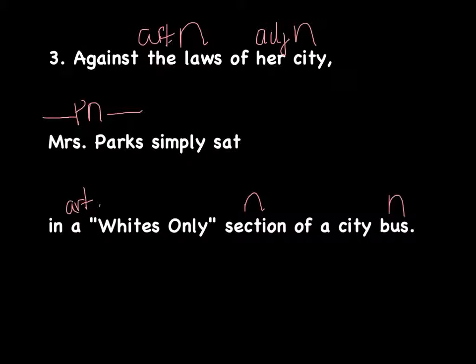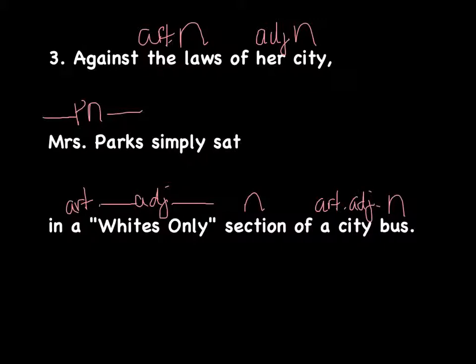And so you're going to view those two words as one unit. So whites only actually works together as an adjective to modify section. It tells what kind of section. Again, I'm going to draw the wings because it is an adjective that encompasses more than one word. Then I have this article a, and then city tells what kind of bus, a city bus.